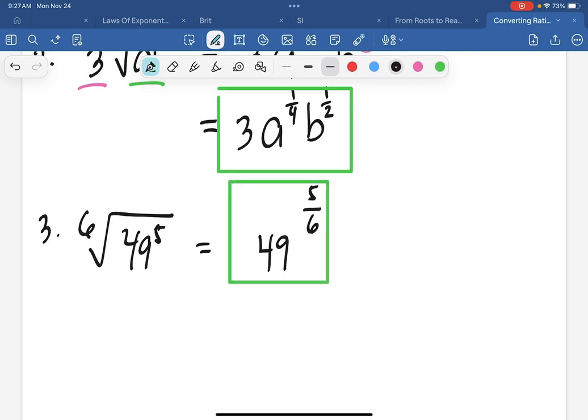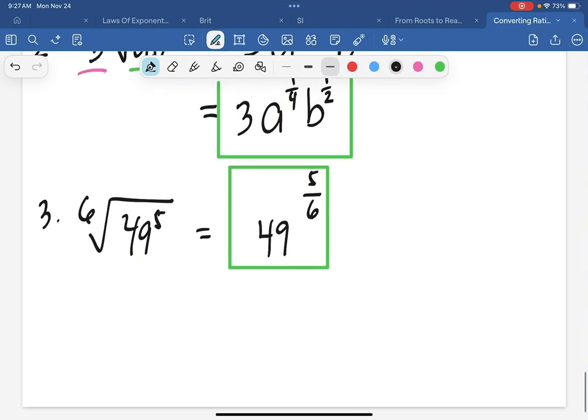Now, what if we're given something like this? 4, 2 over the cube root of x raised to 4. Okay, something like this. Anyway, we don't have any problem with 2 because 2 is already in the numerator, so we could just write it 2.